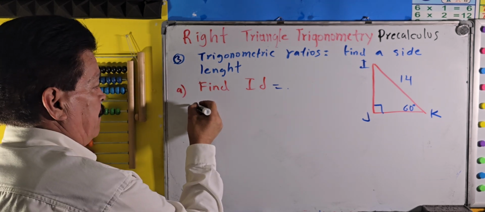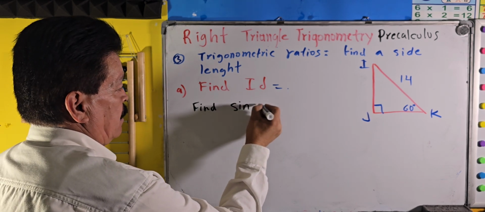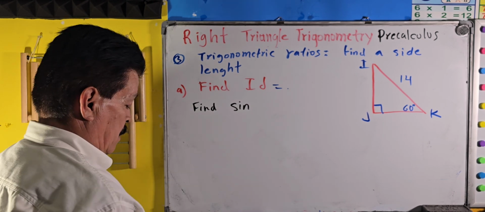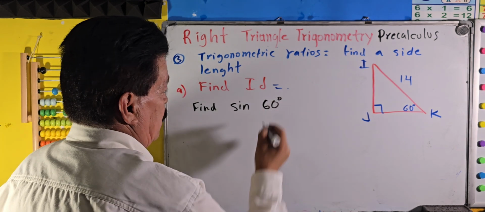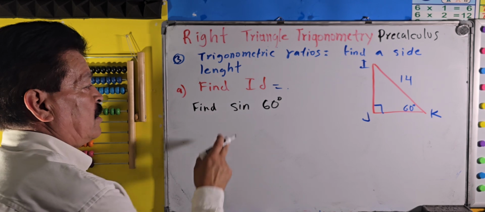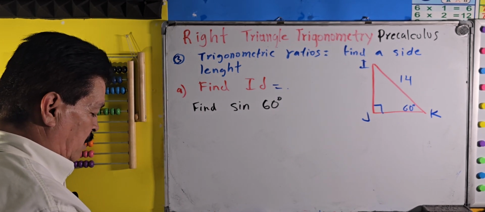We have to find the sine of 60. To find that sine of 60, we have 60 degrees right there, one angle. We know how much is that angle.